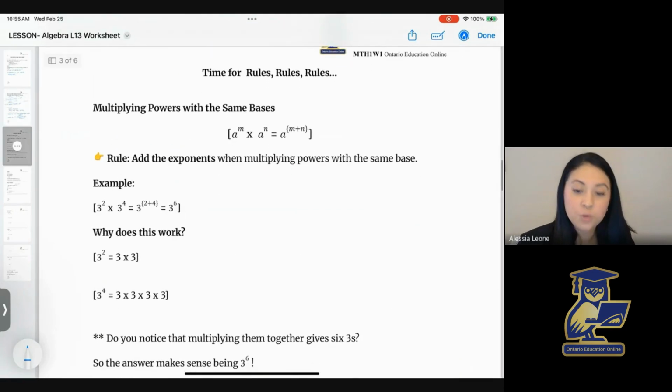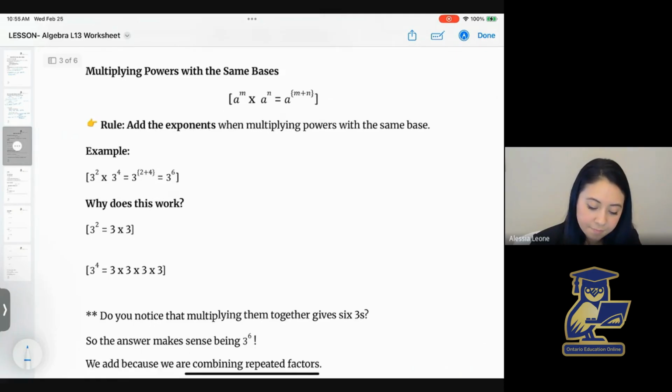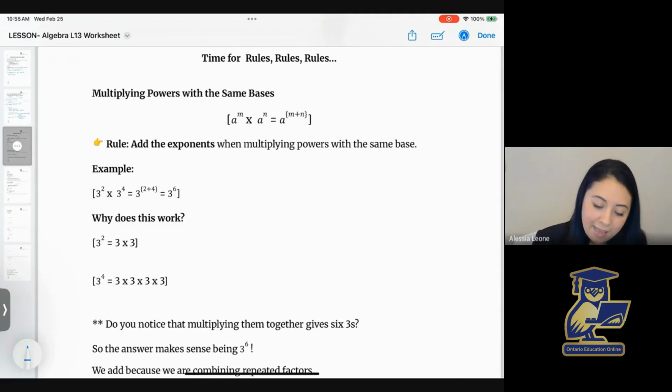This brings us to our rules. We will be reviewing 3 rules. We're going to be reviewing multiplying, dividing, and powers. So, multiplying powers, multiplying exponents with the same bases. Here's our example at the top there. A to the power of m. So these are just random letters, but it's to give us a visual of the idea.